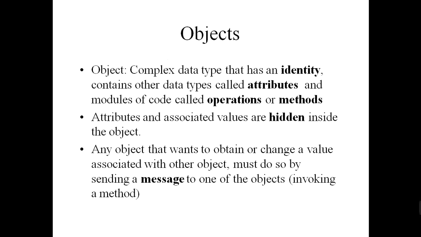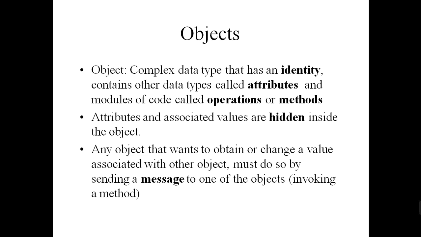This is one of the basic concepts of C++. An object is an entity that contains attributes and modules of code called operations or methods.